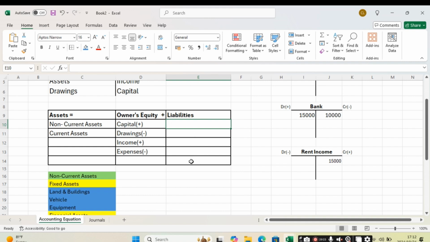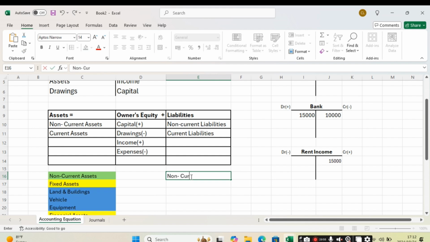Coming to our liabilities. We have two types of liabilities: non-current liabilities, and we also have current liabilities. Okay, so this one I think I need to explain the way I explained the assets part.